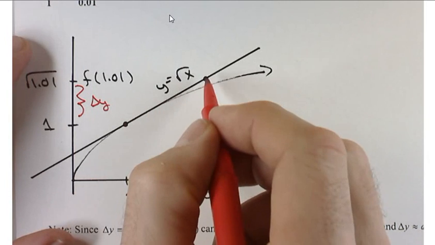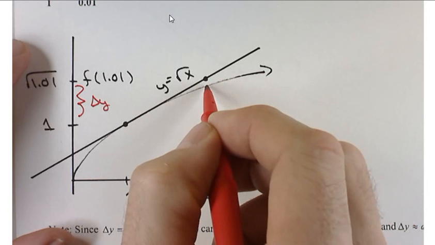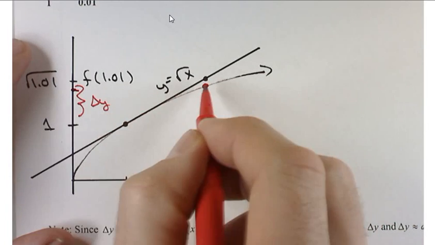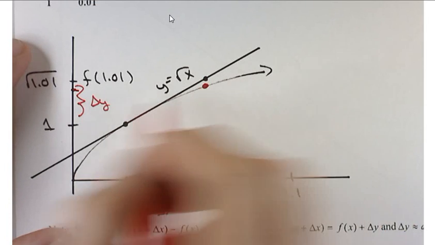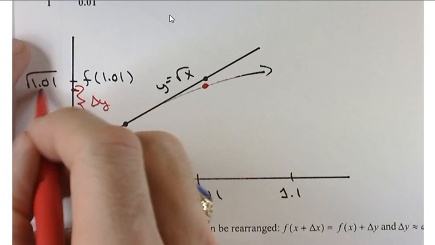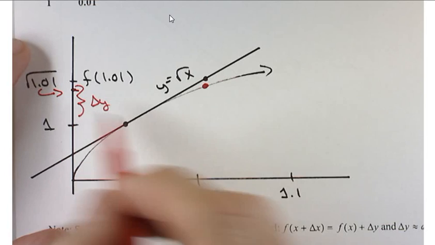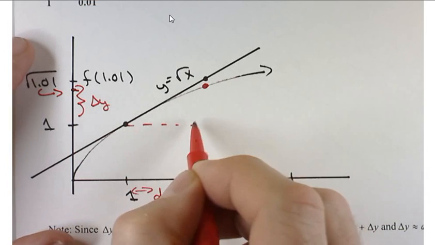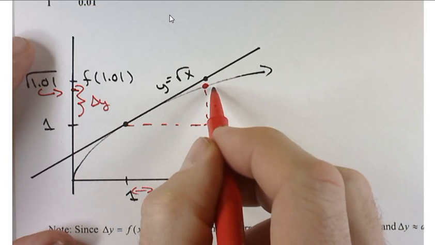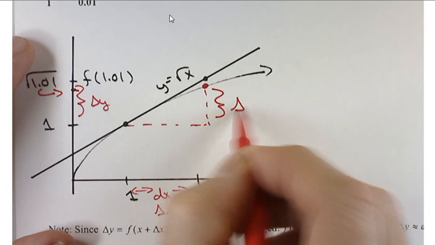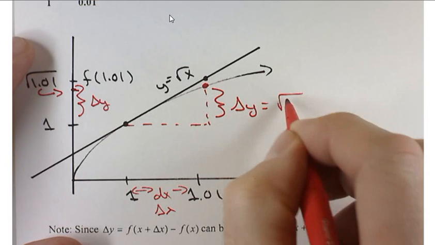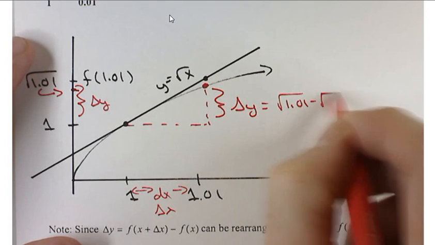You know what? I drew this point on the wrong curve. It should have been here. We're going to use that point in a minute anyways, but that should be the square root of 1.01. It's this much, which is your delta y, the exact change in the function, which would be the square root of 1.01 minus the square root of 1.